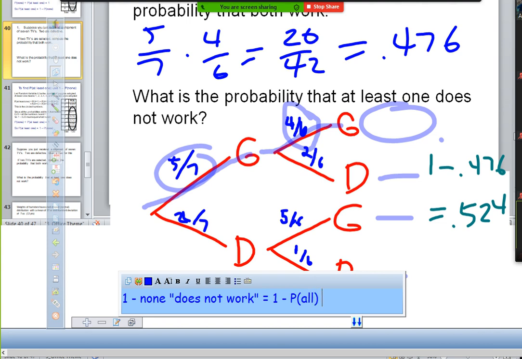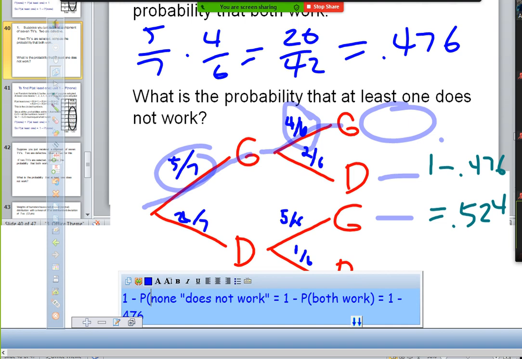And you're picking 2, so that's where both work, I guess you could say, since you're only picking 2. So that would be 1 minus 0.476 that we found earlier. That's how we get to our 0.524. Okay.